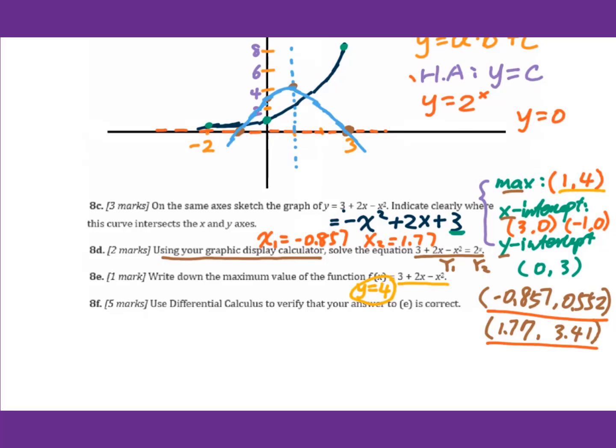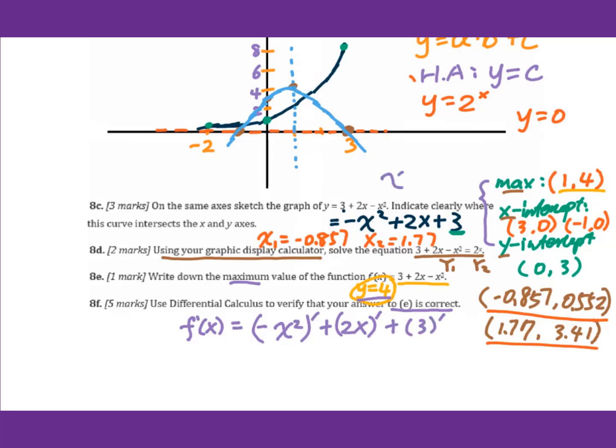For 8f, use differentiation to verify your answer to e is correct. How to verify this point is a maximum point? First of all, you will get the derivative of f of x, which means negative x squared we do derivative, plus 2x do the derivative, then plus 3 do derivative.